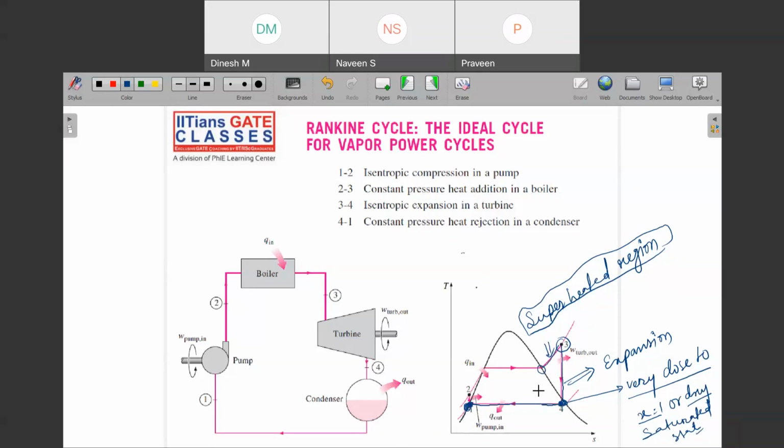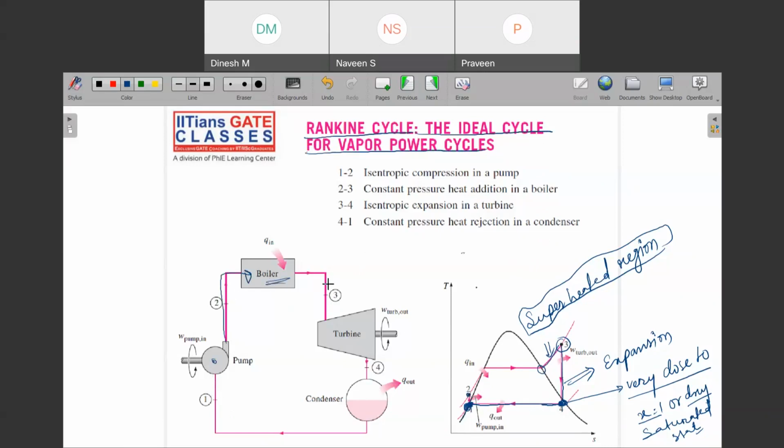Now the difficulties which the Carnot cycle was posing to you are countered with the help of the Rankine cycle. So this is nothing but just the extension of the Carnot cycle. Here you have some pump, you pump this fluid to the boiler.